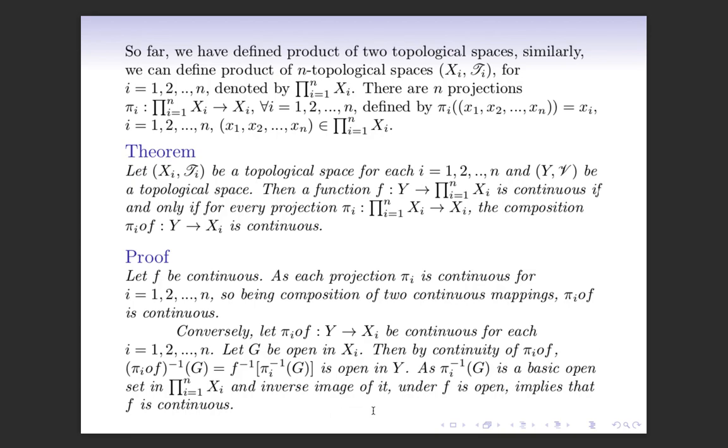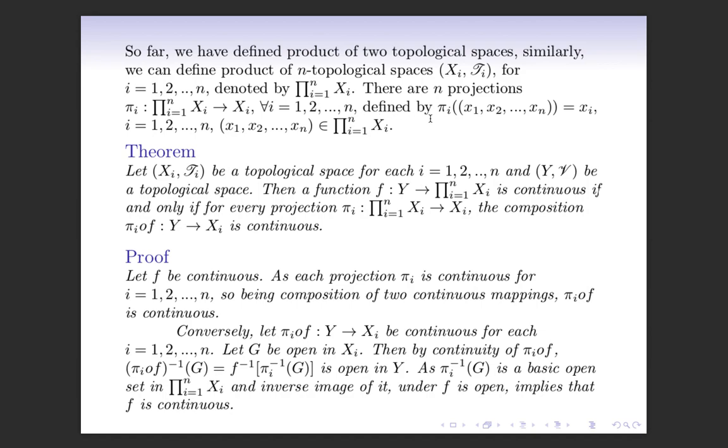So far we have discussed the product of two topological spaces. Similarly, we can define the product of n topological spaces, say X1 T1, X2 T2, Xn Tn, and that product is denoted by the product of Xi, i varies from 1 to n. Similarly, we can define n projections pi I from the product of X1, X2, Xn to Xi for every I equal to 1, 2, 3, 4 up to n.